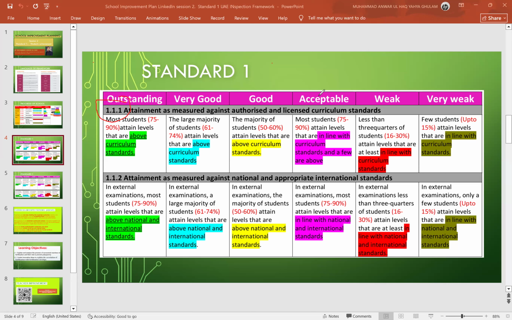It is a chart, and I hope the majority of us attending know this part. You just figure out what the strengths of your department, school, or yourself as a teacher are, and what the weaknesses are, the areas of improvement. Normally the weakness is the area of improvement that we have to go for.